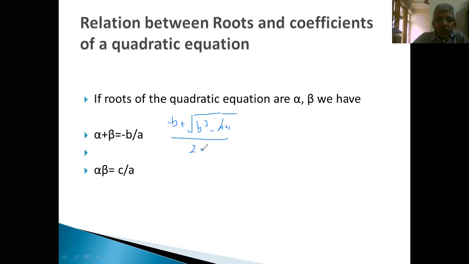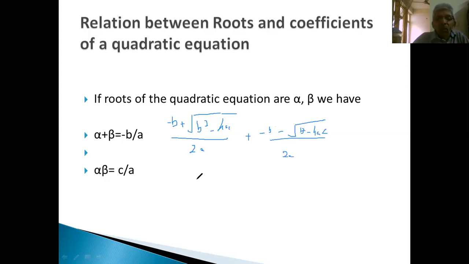One of the roots is this. I add the other root to this. Earlier we had plus here, now we'll have minus: minus b minus under root b square minus 4ac, divided by 2a.